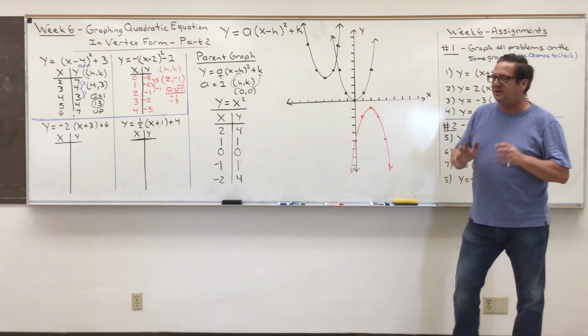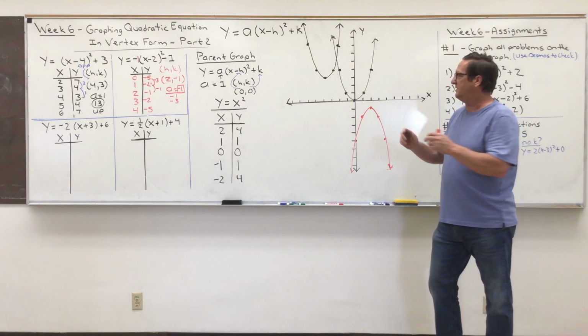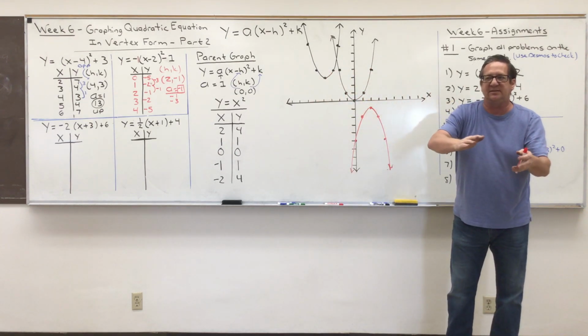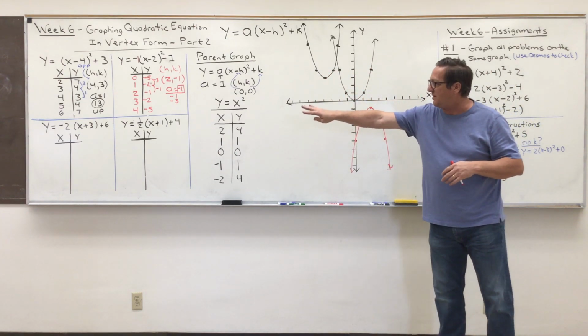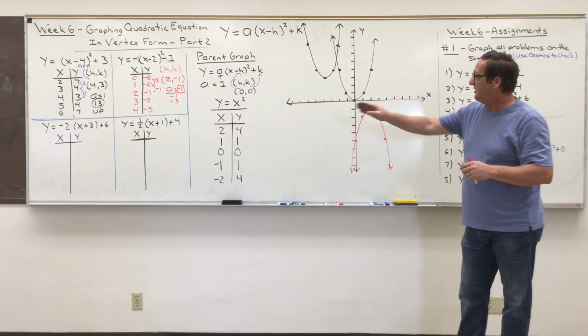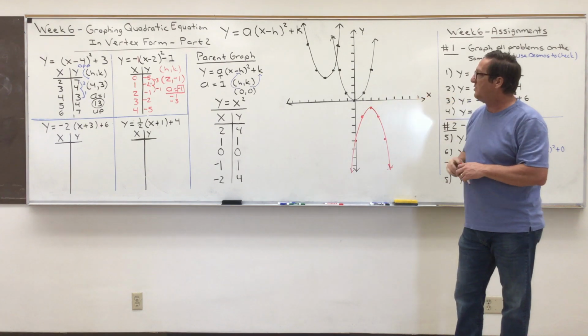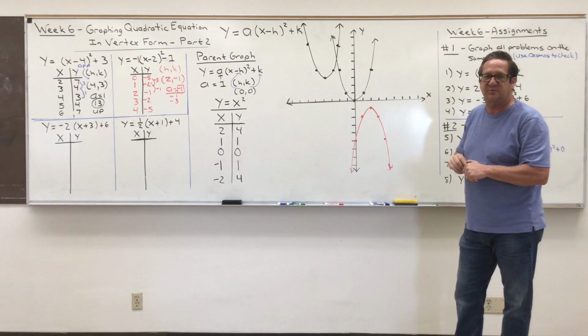Okay? I want you to picture throughout these entire lessons taking a graph and moving it, and flipping it. You're going to see the next problem, we're going to make it tighter. The last problem, we're going to make it wider. And that's what I really want you to get out of our vertex form this week.